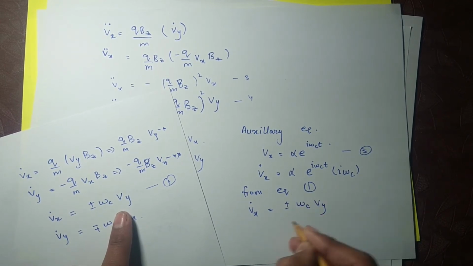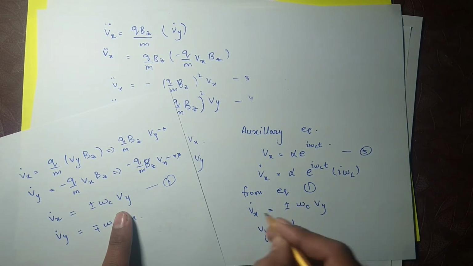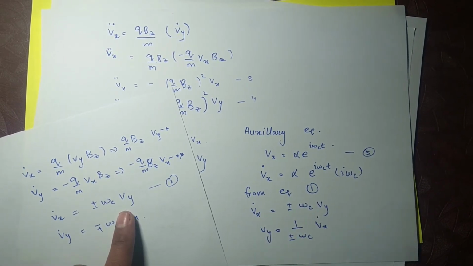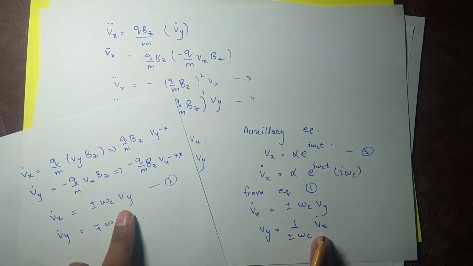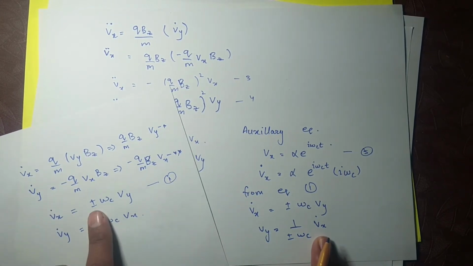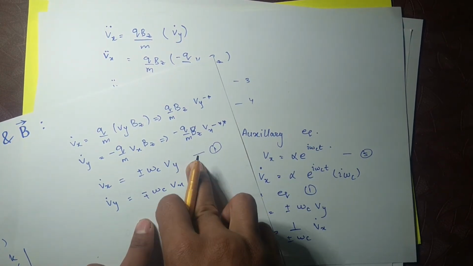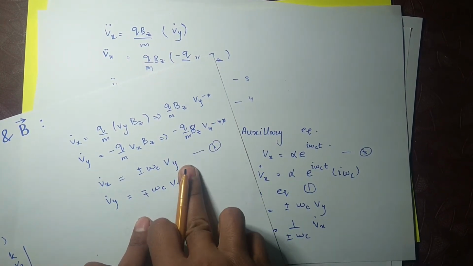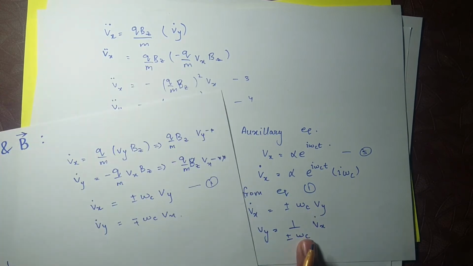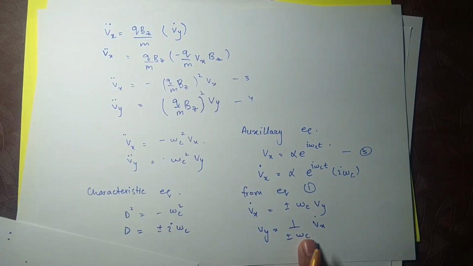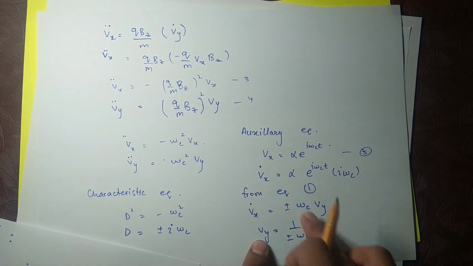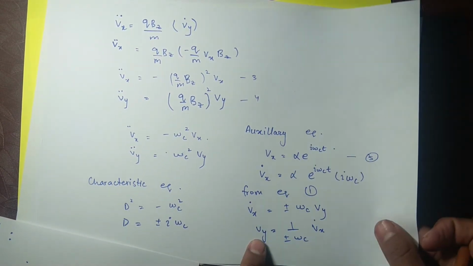So v of y will be equal to 1 over plus minus omega c, divided here, times v x dot. You understand what I've done: from this equation, which we derived in our previous lecture, we have deduced this one, and now we are going to put the value of this v x dot here, and let's see what happens.